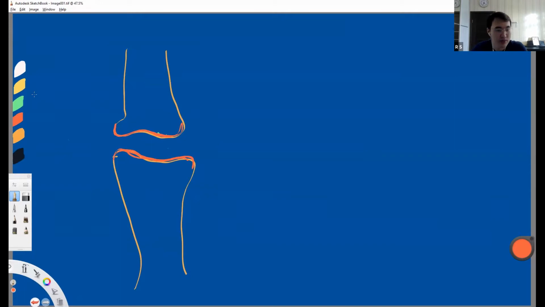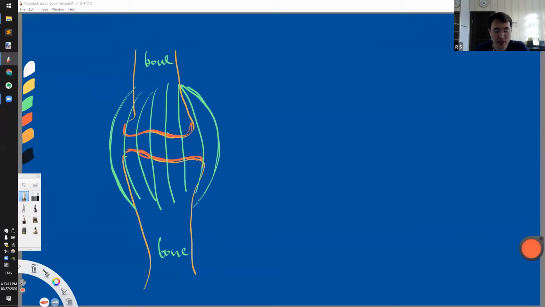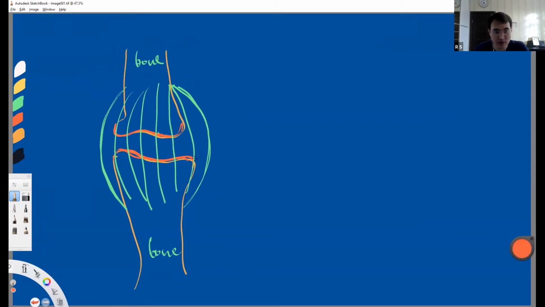And we also have the system that connects them like this, creating the capsule of the joint, okay? So these filaments, they are ligaments. They connect bone to bone. And the cartilage again is about the surfaces of the bones.